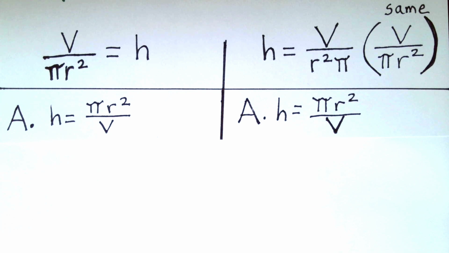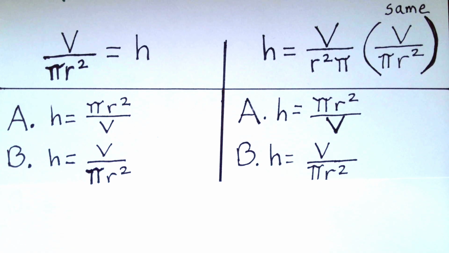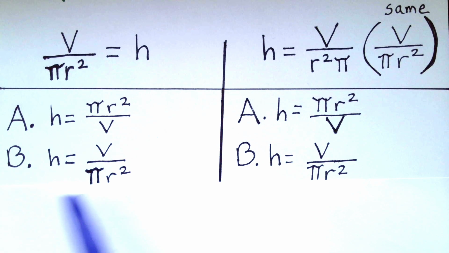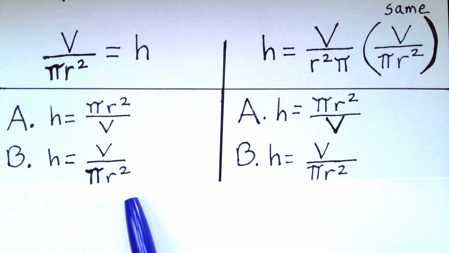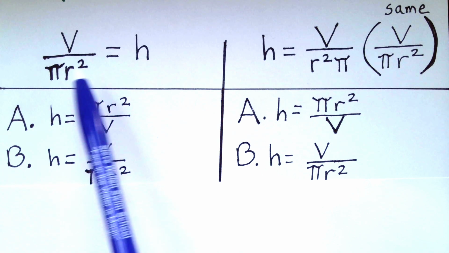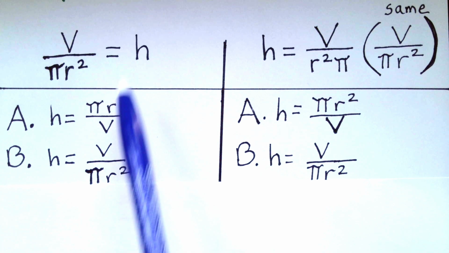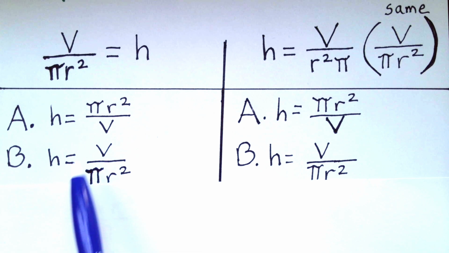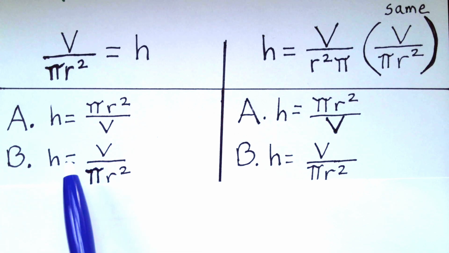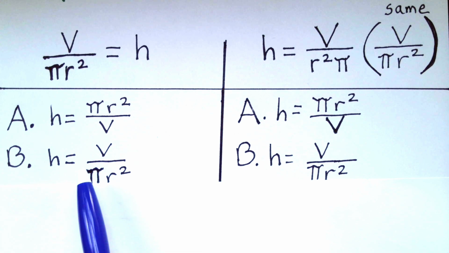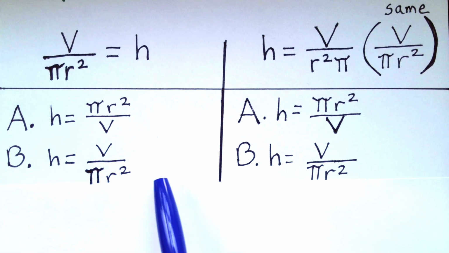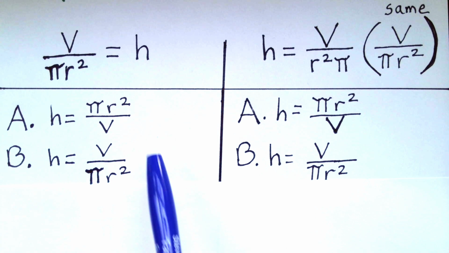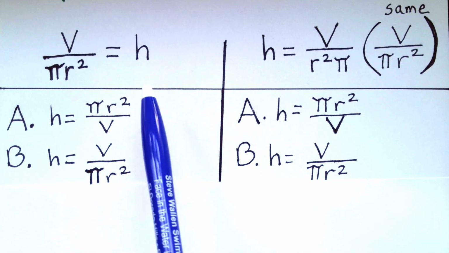Let's take a look at option B. If we take a look at option B, you can see on the left side, H equals volume divided by pi R squared. They don't look exactly the same, again, because in option B, H is on the left side of the equal sign, and based upon the volume of a cylinder formula they gave us in the question, H would have ended up on the right side.